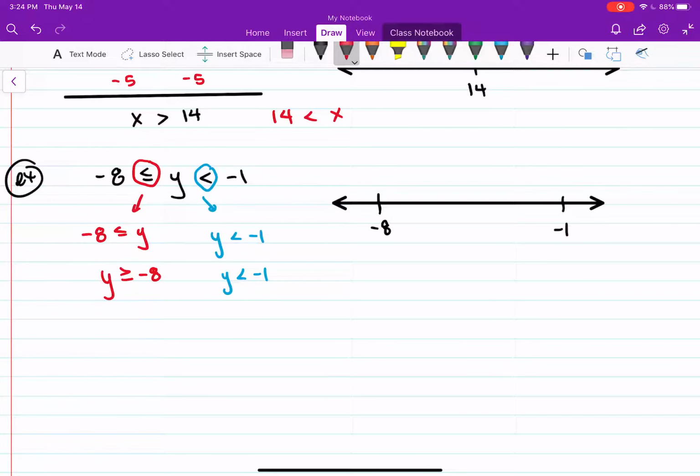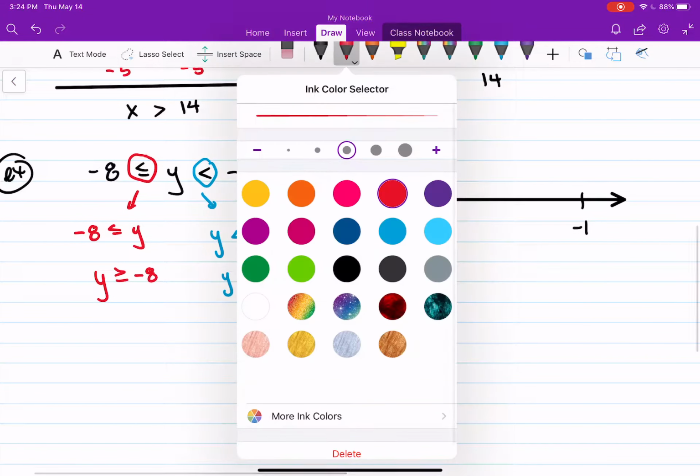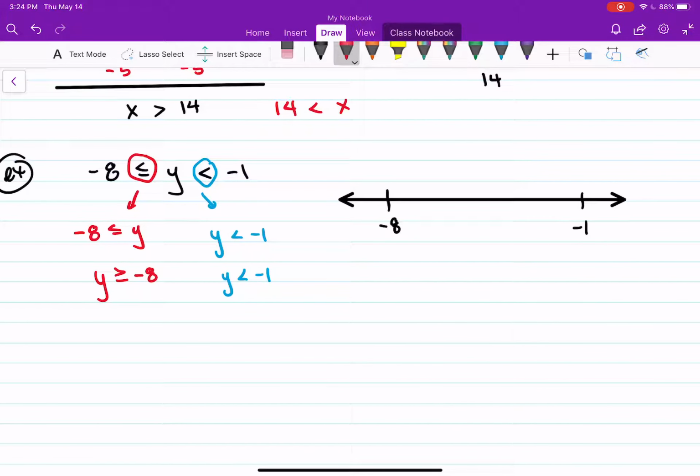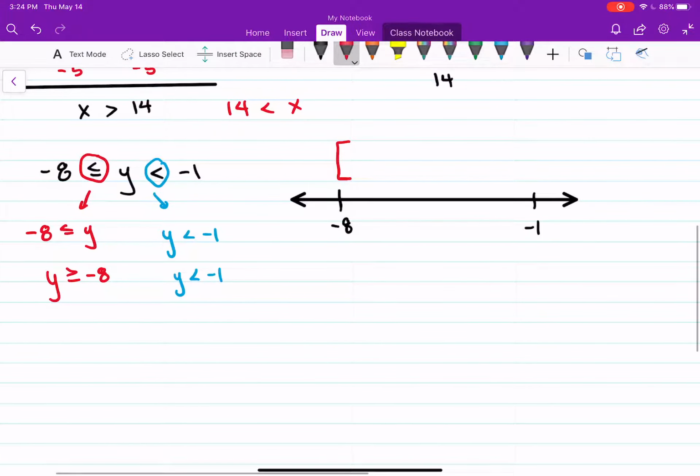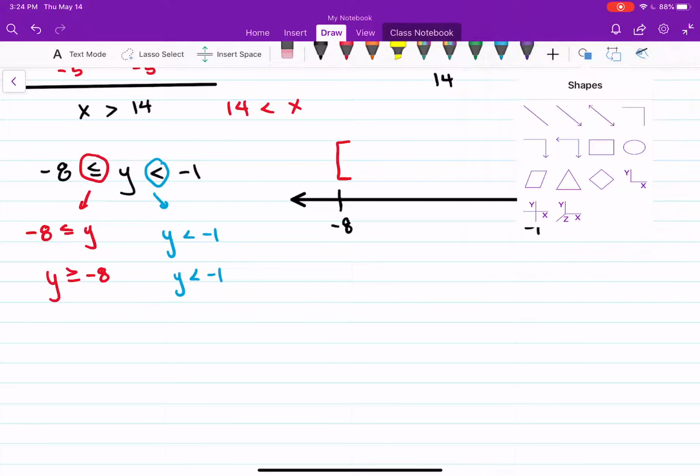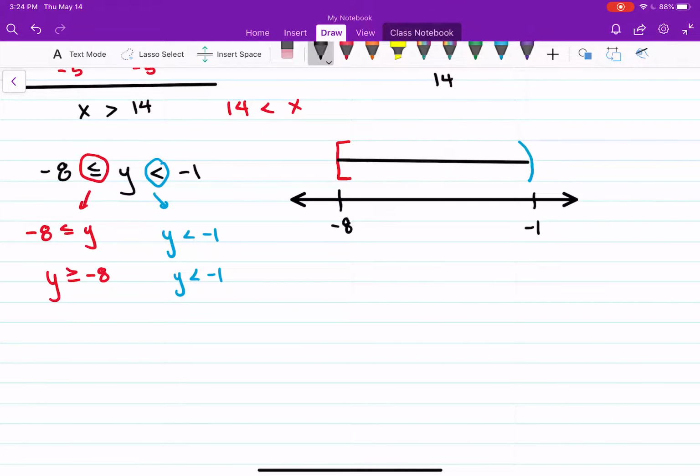If you didn't look at the red and the blue, and just looked at the black, the given, at -8, it's going to be a closed circle, which means it's going to be a square bracket. At -1, it's going to be an open circle, so that means a parenthesis. And then I would connect my line. So there you go.